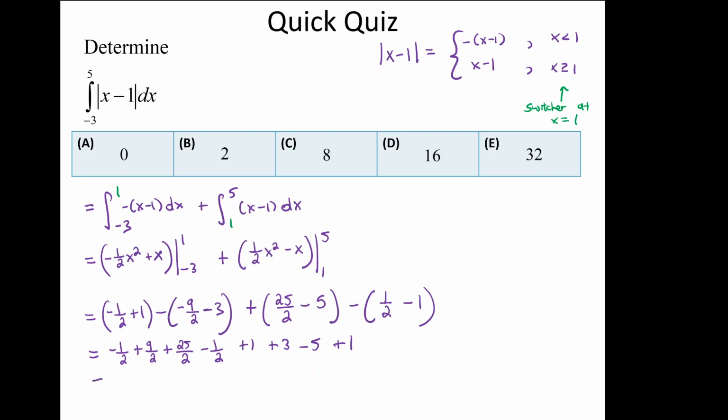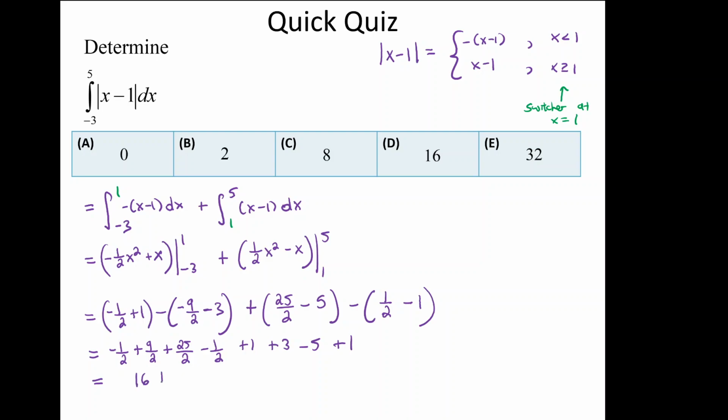So we'll do it that way. Now, the denominators for the first four are all common. We can add them together. We have -1 plus 9, so 8. 8 plus 25, 33. 33 minus 1, 32. 32 divided by 2, 16.